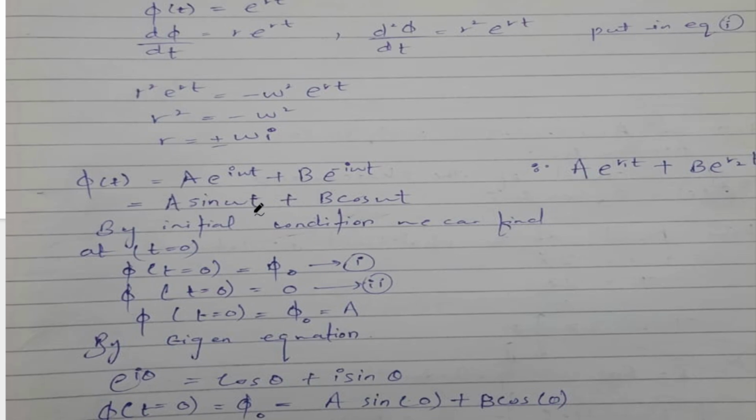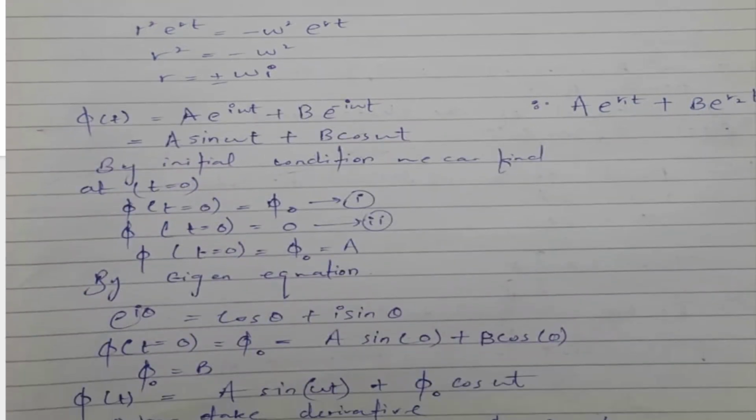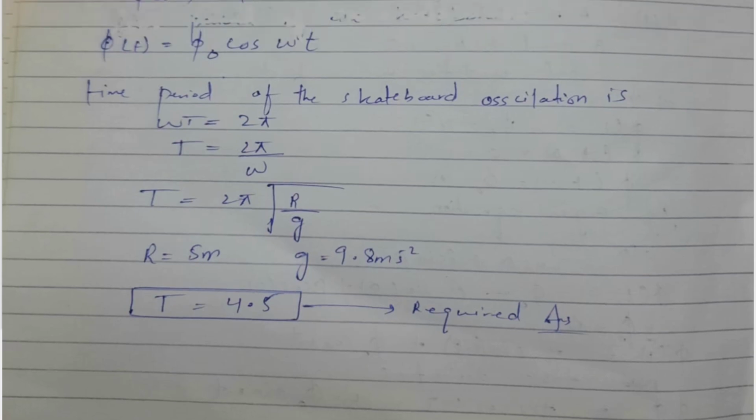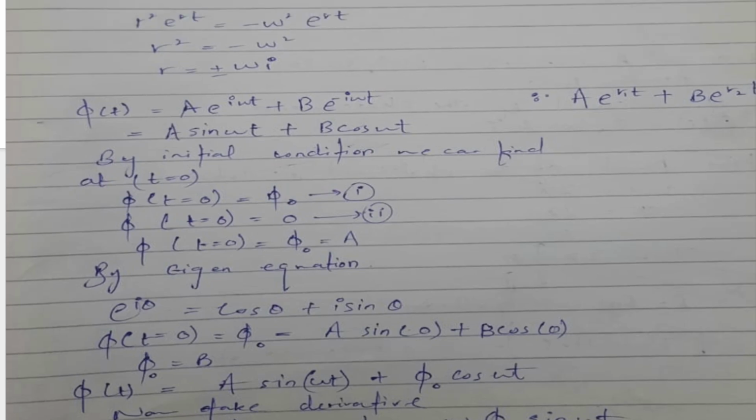Euler's equation shows that when there is a complex value in the power, you equate it using cos theta plus i sin theta.